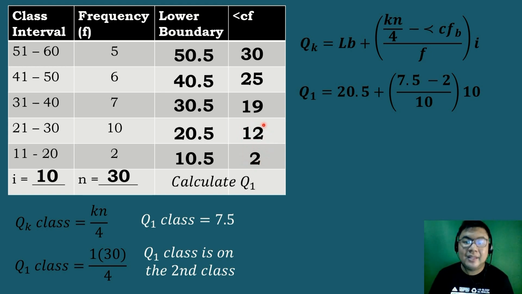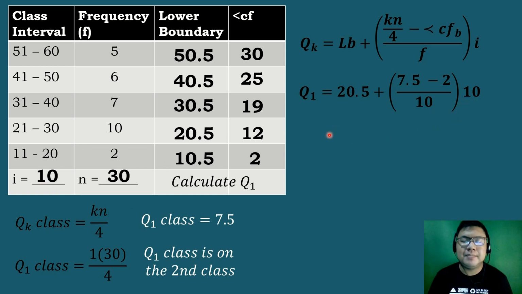So we get the number before 12, and that is equal to 2. All over the frequency of the quartile class. The quartile class is the second class, so the frequency of the second class is equal to 10, times the value of the class width, or i, which is equal to 10.